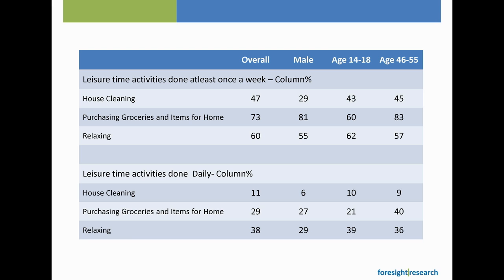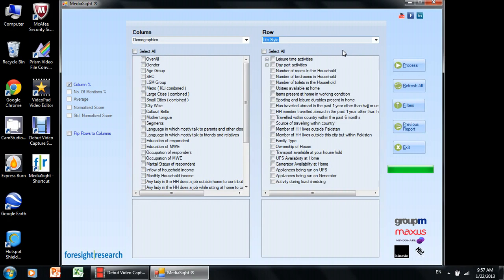When we observe this table, we come to know that variables in column are from the demographics section, while in row we will select lifestyle. Now to produce this output, we select the checkboxes of overall, gender and age in column.